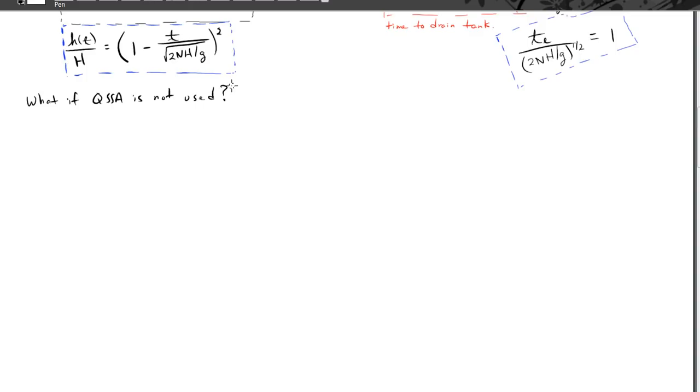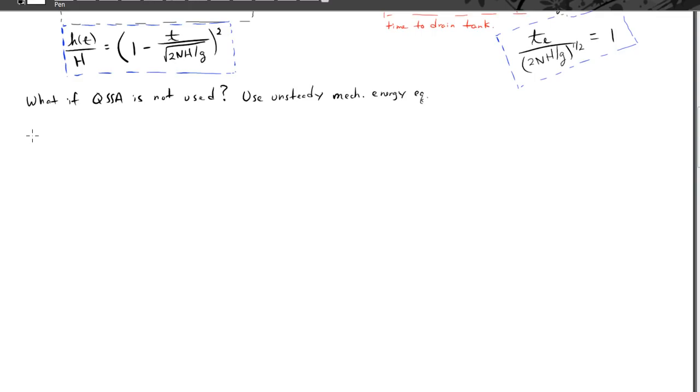In other words, what if we apply the unsteady form of the mechanical energy balance, along with the unsteady form of the overall mass balance, which we've already used.